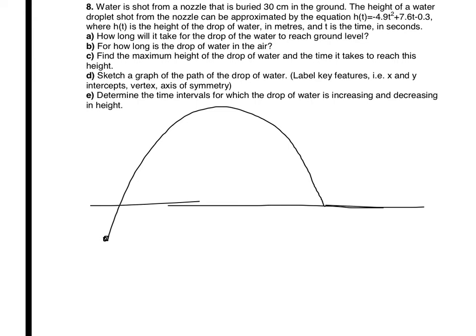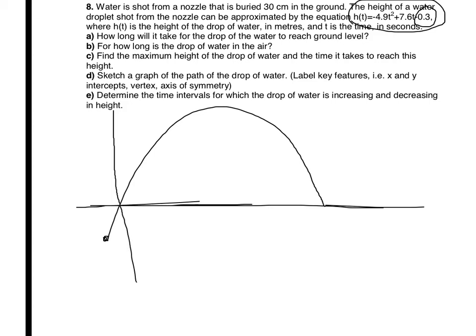Now, the equation of the height of the water is given here. The first thing, if you look at the equation, the y-intercept is negative 0.3. So this means that for the coordinate system that you pick, you have to be careful that the y-intercept is negative. So the right way of picking the coordinate system is something like this.